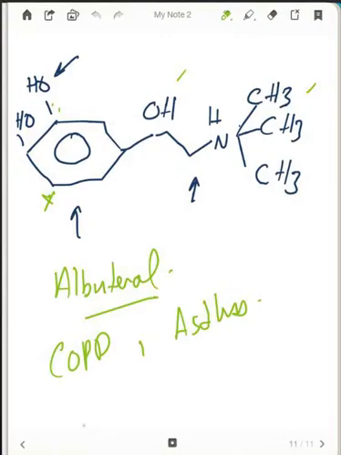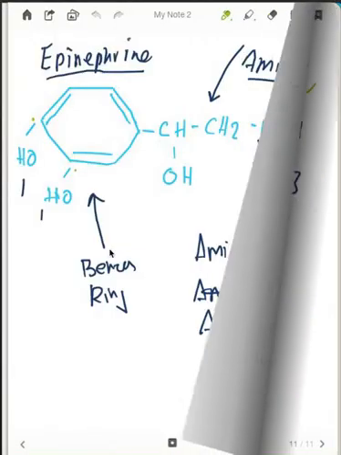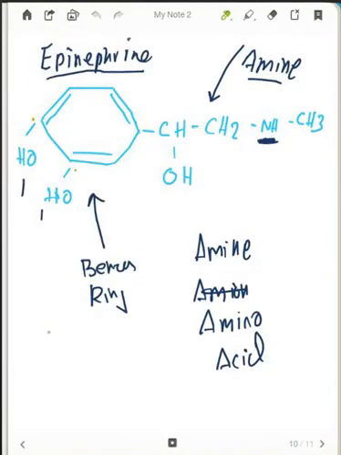And so epinephrine acts upon all of the sympathetic receptors. It acts on the alpha 1, the beta 1, and the beta 2. It has very strong generalized sympathetic effects.